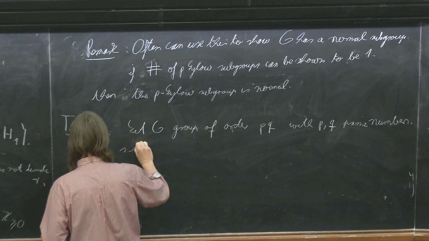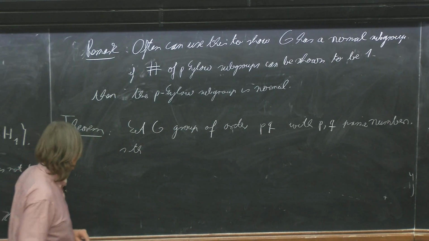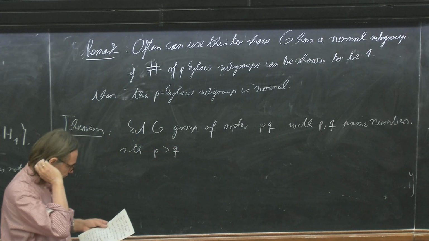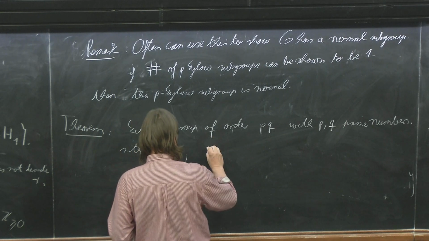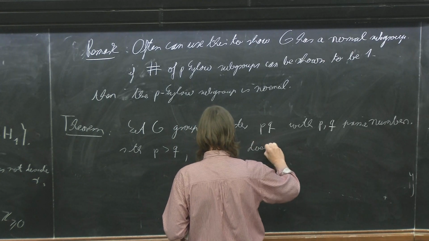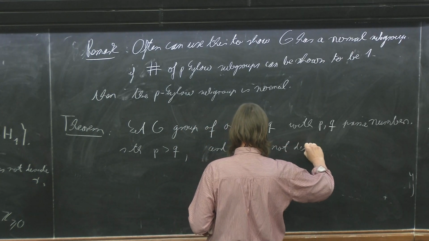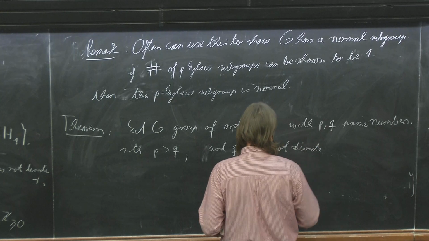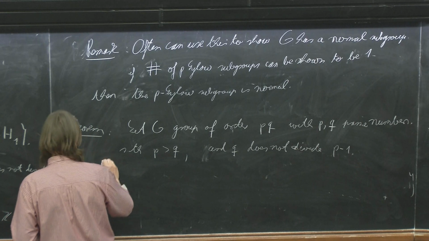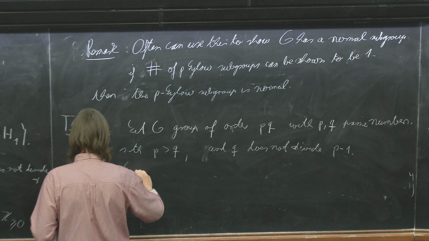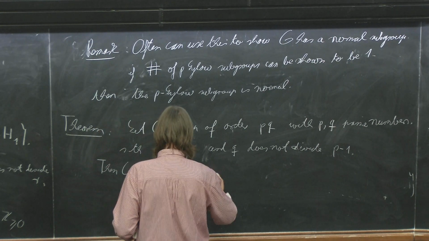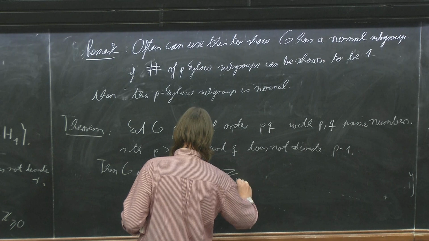And we assume also, obviously we can, so these are different prime numbers, such that P is, say, bigger than Q. Obviously, you can always assume that. But in addition, we want that Q does not divide P minus 1. Then G is cyclic. That means G is isomorphic to Z_PQ.